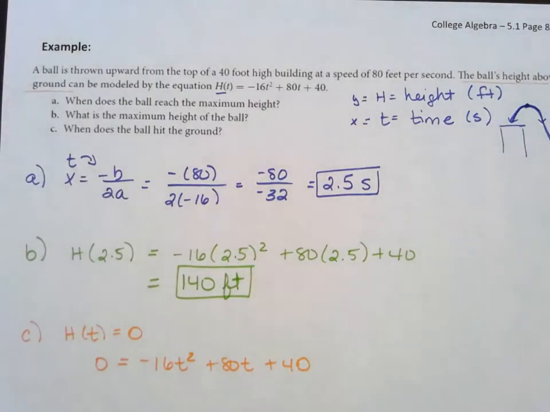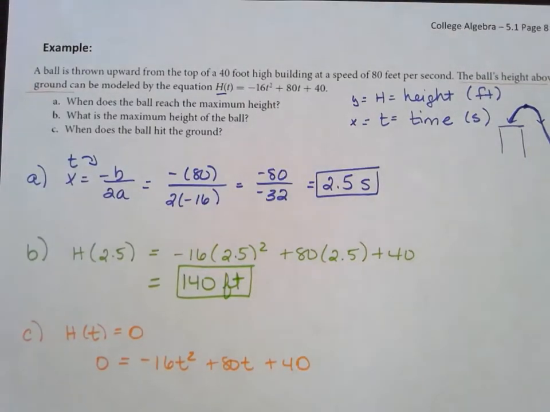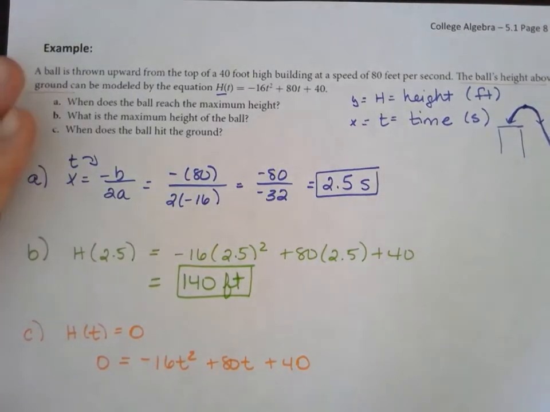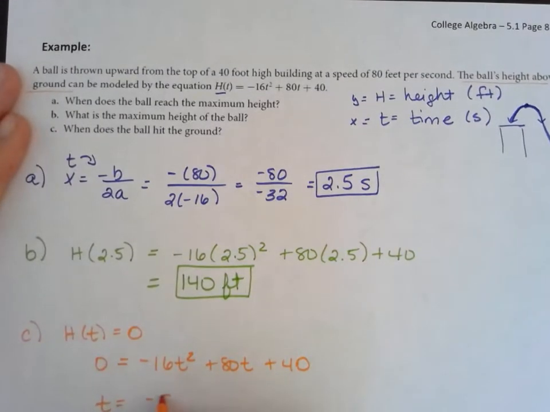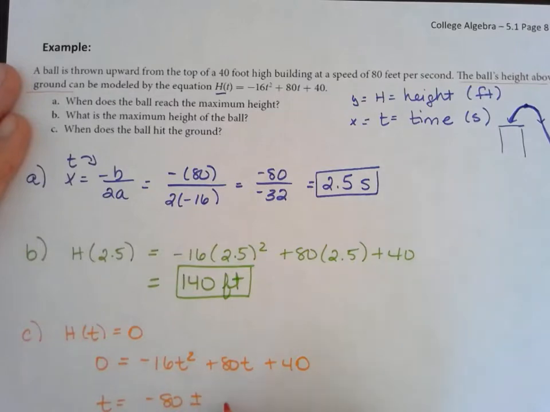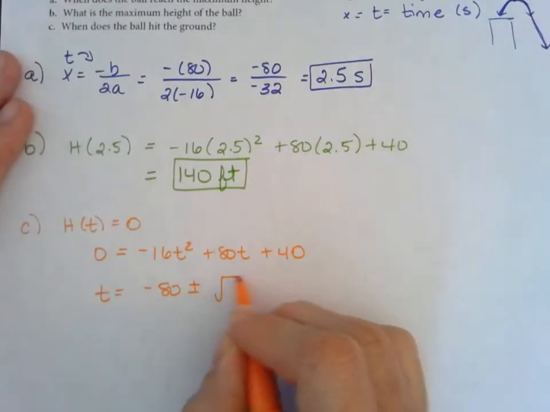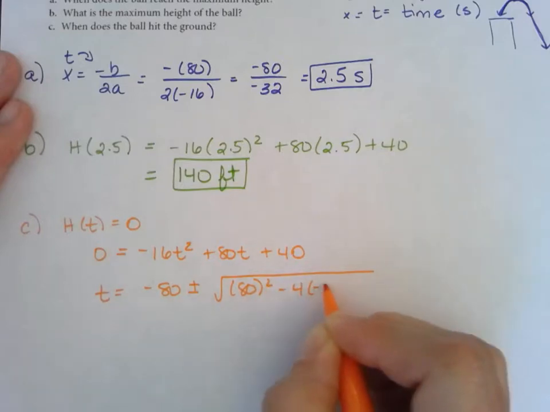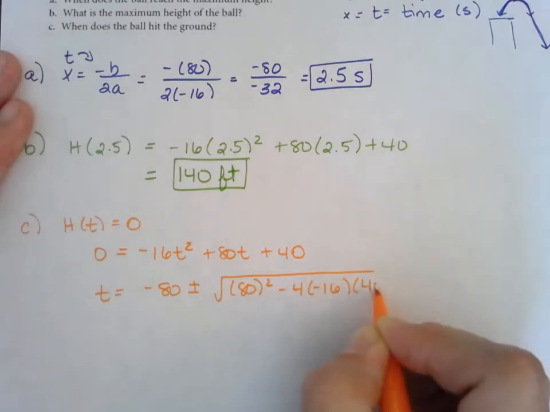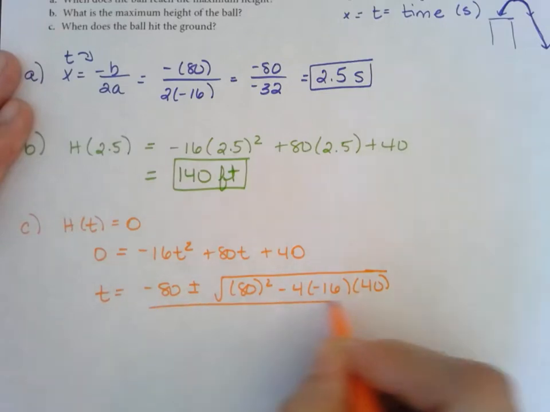Now at this point you can try to factor it, or you can use the quadratic formula. Let's just use the quadratic formula. We have negative b plus or minus the square root of b squared minus 4ac all over 2a.